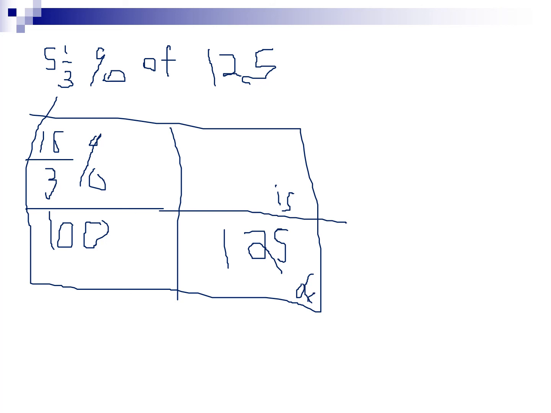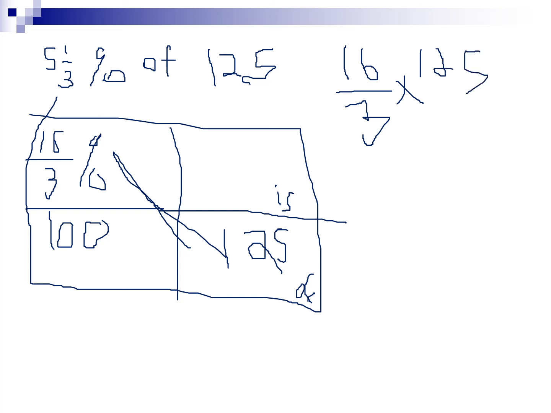So you're going to take 16 over 3 times 125. So you're going to do the cross multiplication. You have the 16 over the 3 times 125, remember, over 1.